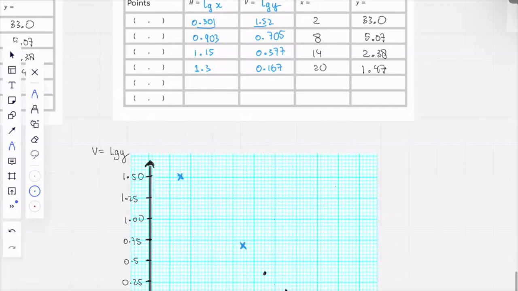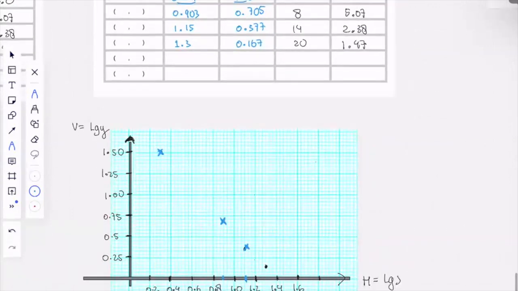Then 1.15 around here, and 0.377 is around here. 1.3 and 0.167. Okay.